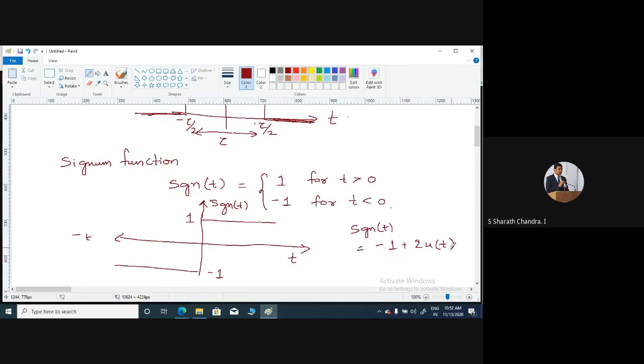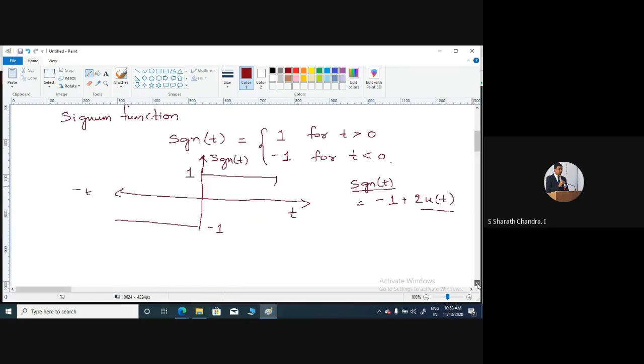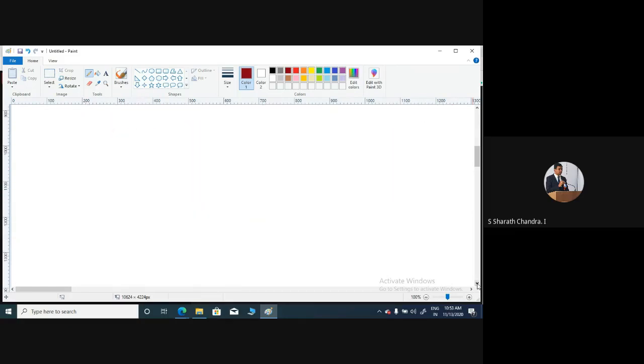Whenever I consider 2 into u of t, it takes values of 2 times the amplitude, and whenever I subtract 1 for all values of t, you could see the value is something like this. This is an exact representation of Signum of t in terms of the unit step function.